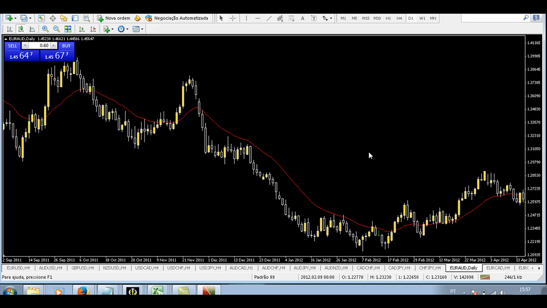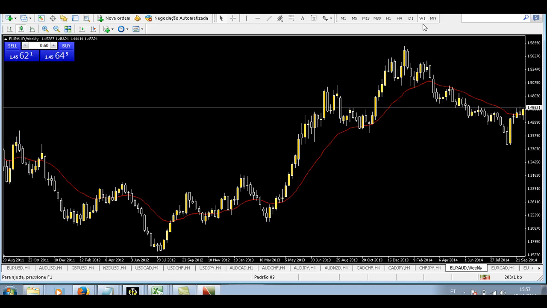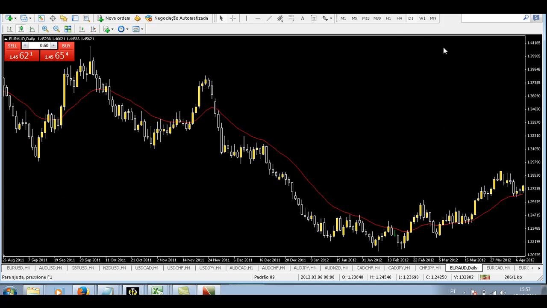It's a fractal way the market moves, and statistically it's proved that the superior graphic influences the inferior graphic. The graphic inferior to the weekly graphic is the daily graphic. So you can use this technique.